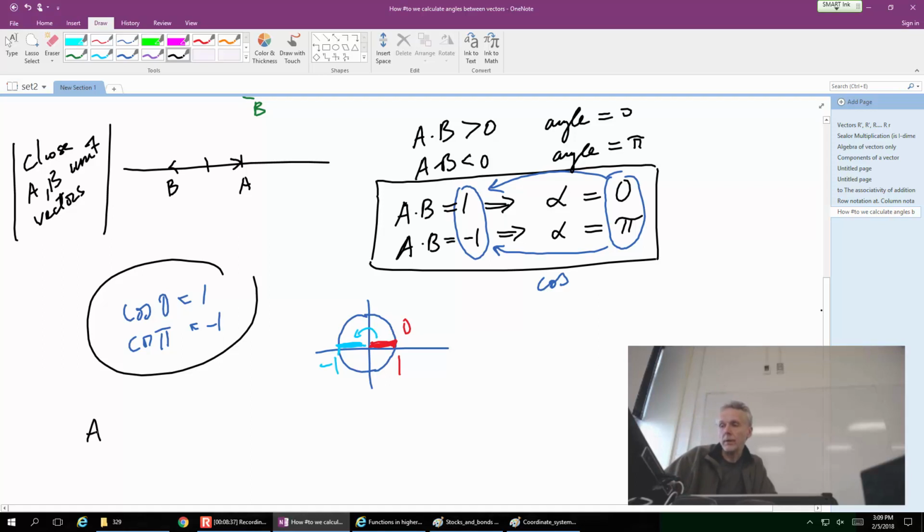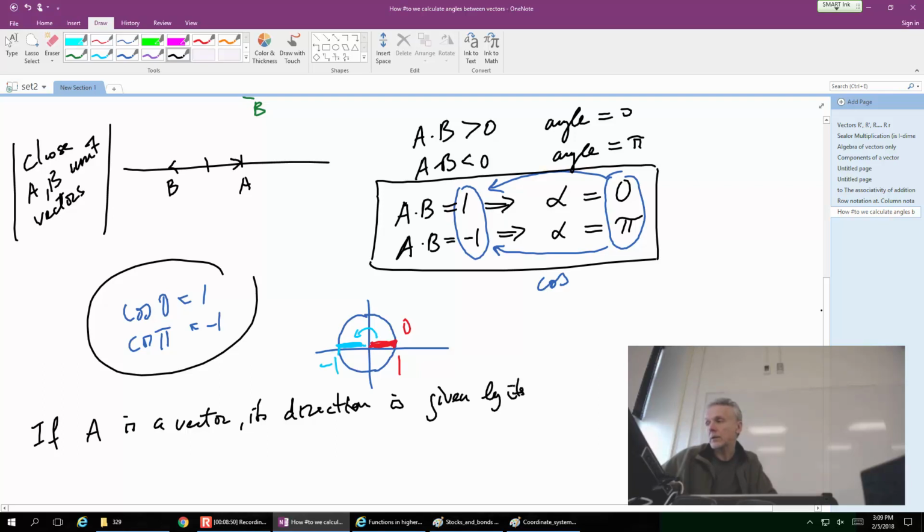So if A is a vector, its direction is given by its normalization, which is simply A divided by the magnitude of A, where A is not equal to 0.